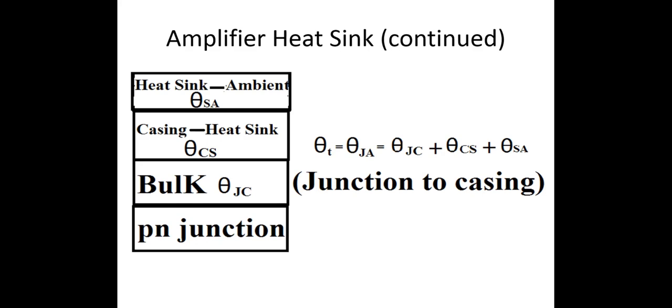So let's consider the problem of heat dissipation in BJT transistors. And this analysis holds for FET power amplifiers as well. So the heat dissipation is occurring around the PN junction. In case of the BJT, this dissipation will be mainly at the base collector junction.